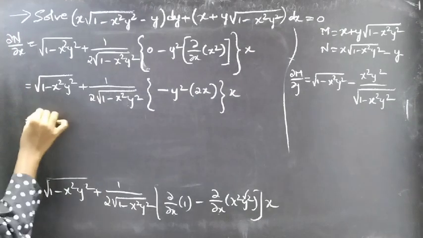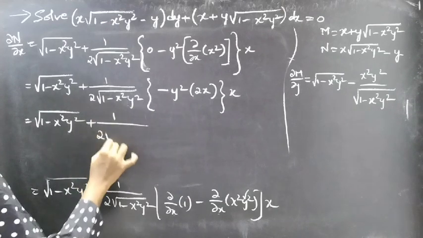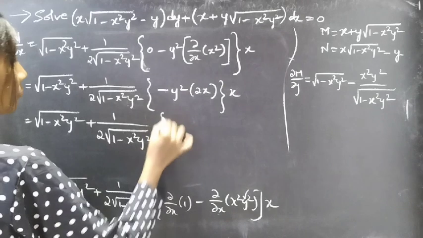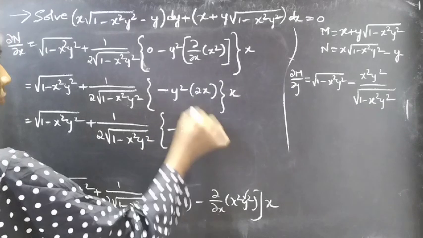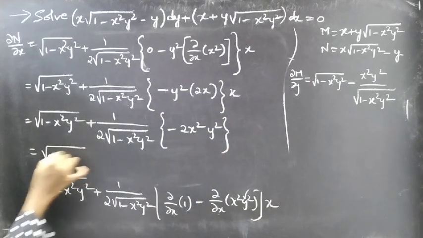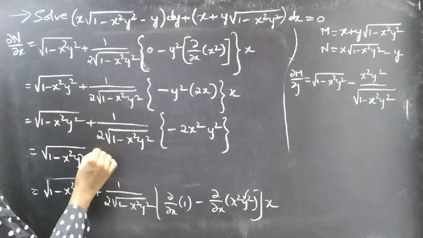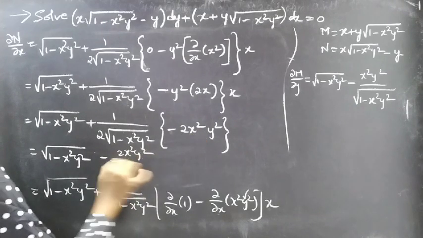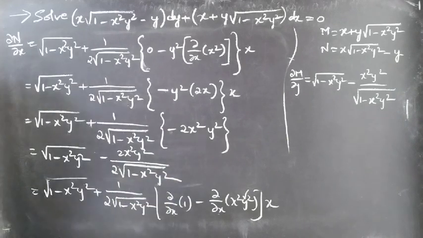This gives us square root of 1 minus x square y square plus 1 by 2 into square root of 1 minus x square y square into minus 2x into x square into y square, which equals square root of 1 minus x square y square plus into minus 2 x square y square by 2 into square root of 1 minus x square y square.